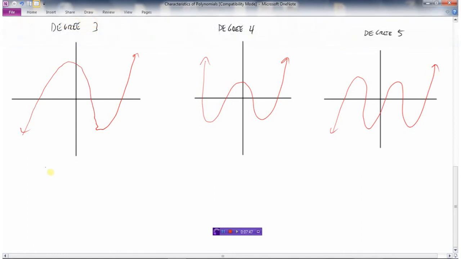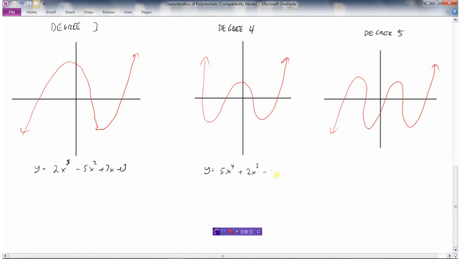And so with the degree 3, we might have, for an example, not that this graph will look like this equation, but as an example, this would be a degree 3 function: 2x cubed minus 5x squared plus 7x plus 3. And a degree 4 would have maybe 5x to the power 4, and then there might be some other parts to it here too, maybe a cube.